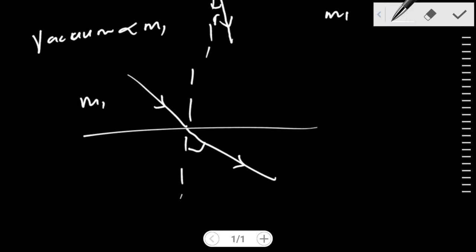So this is R, and this is I. This is because of the difference in optical densities.